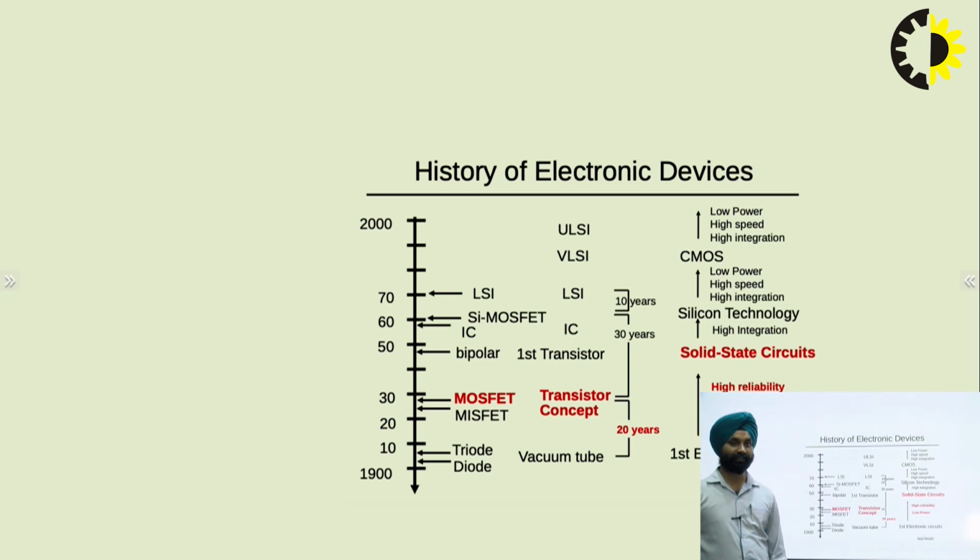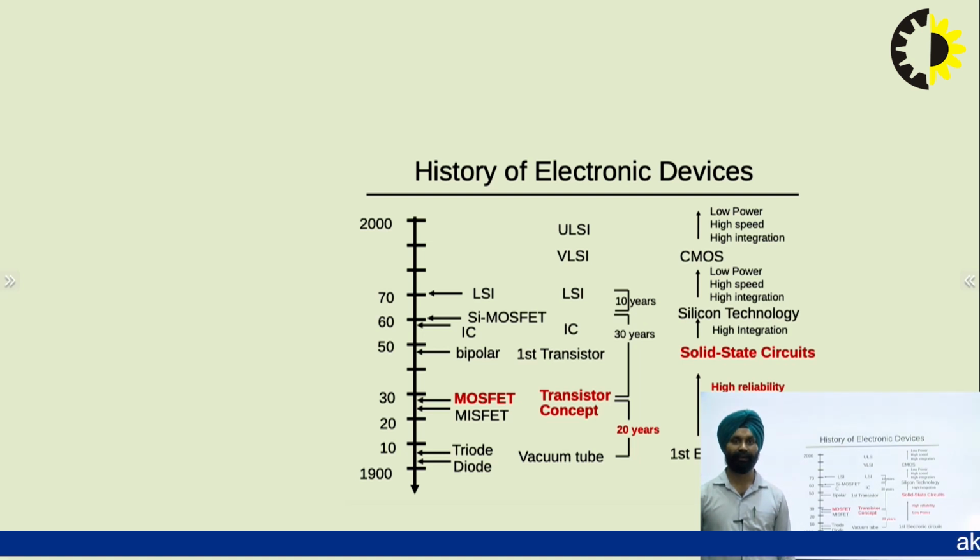Then transistors were used, BJTs were used, which were replaced by MOSFETs. Then MOSFETs were used in the IC. With the increase in silicon technology, the density became higher and higher, low power was used, and the speed was increasing. So we can include more transistors in an IC.